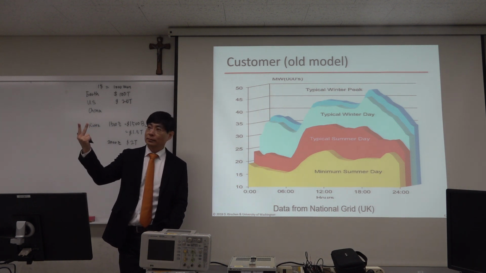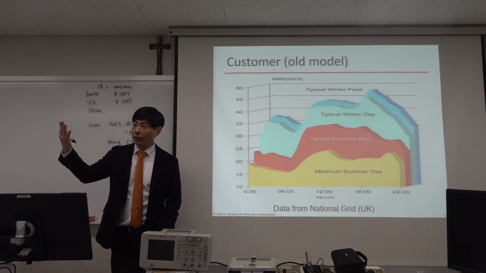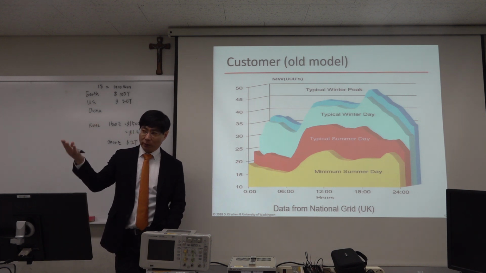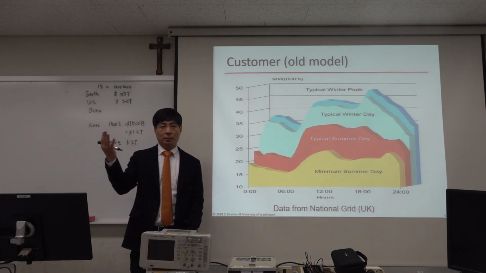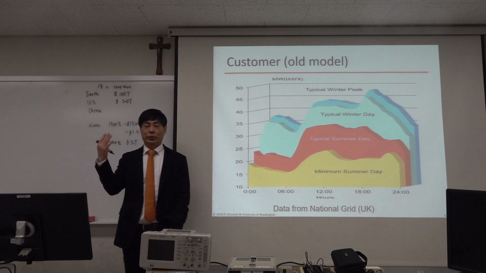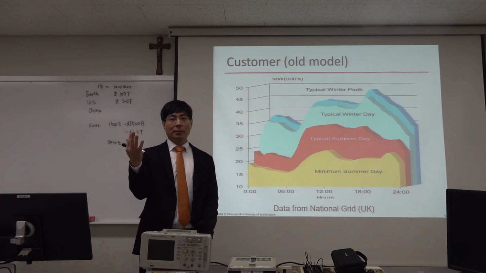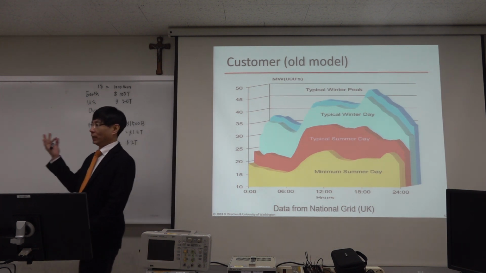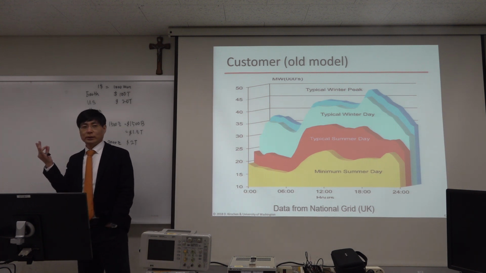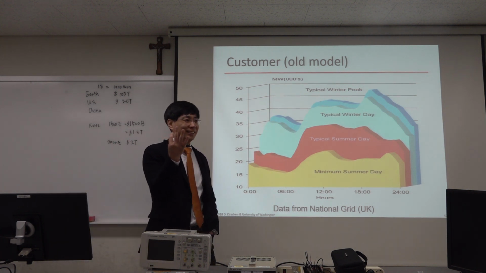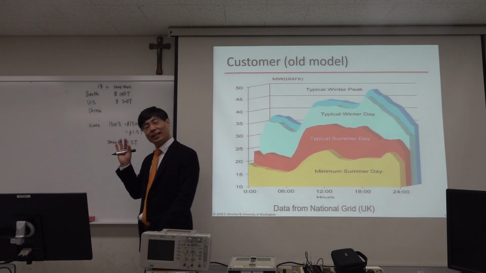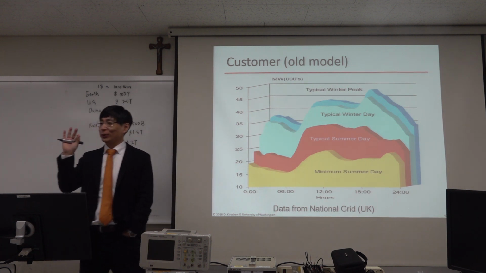Japan. Who is number 4? Germany. Who is number 5? UK. Who is number 6? France. Who is number 7? Italy? I don't know, I'm not sure.